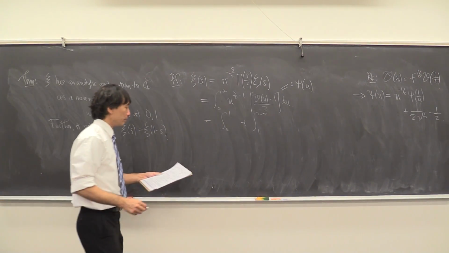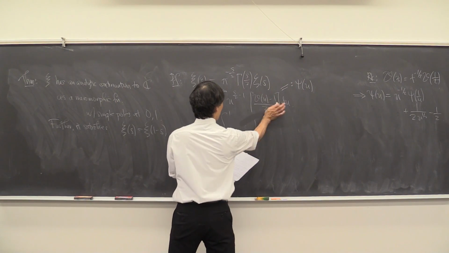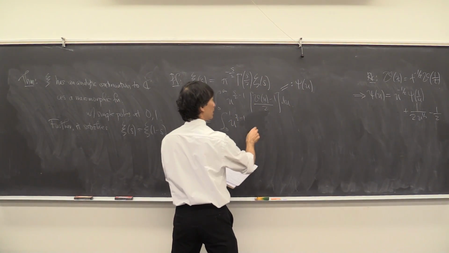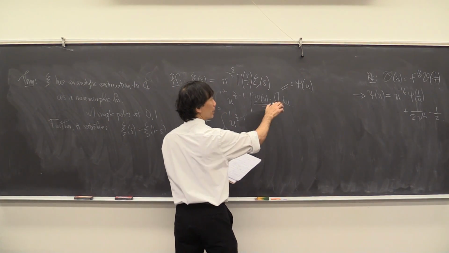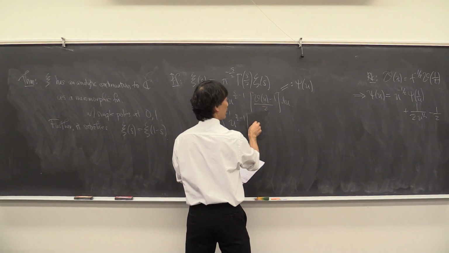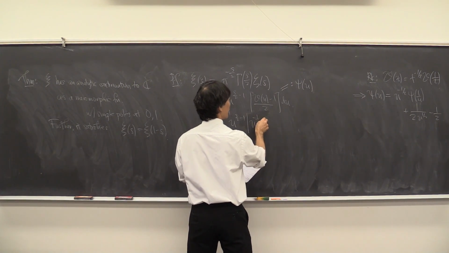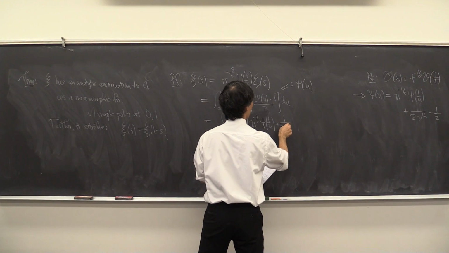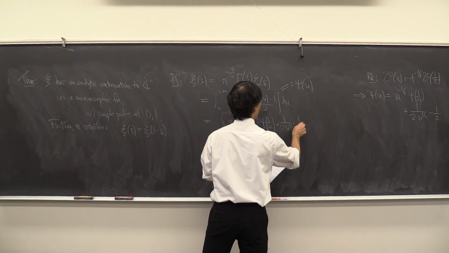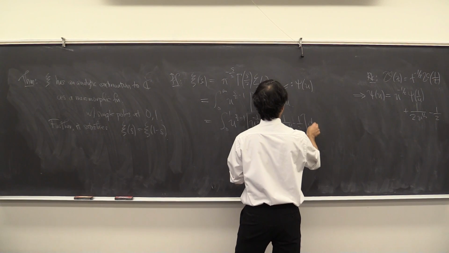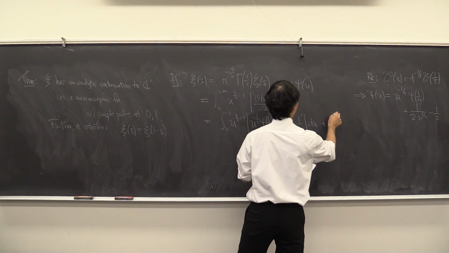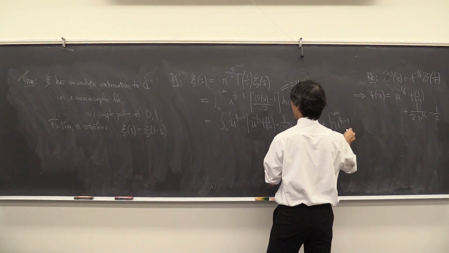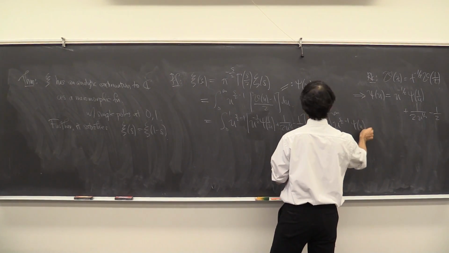Okay, so let me write this out. We're going to have u^(s/2 - 1) times psi of u, but we use the functional equation for psi: u to the negative 1/2 psi of 1 over u plus 1 over 2 roots of u minus 1/2, du. And then we have the other part from 1 to infinity, u^(s/2 - 1) psi of u du.